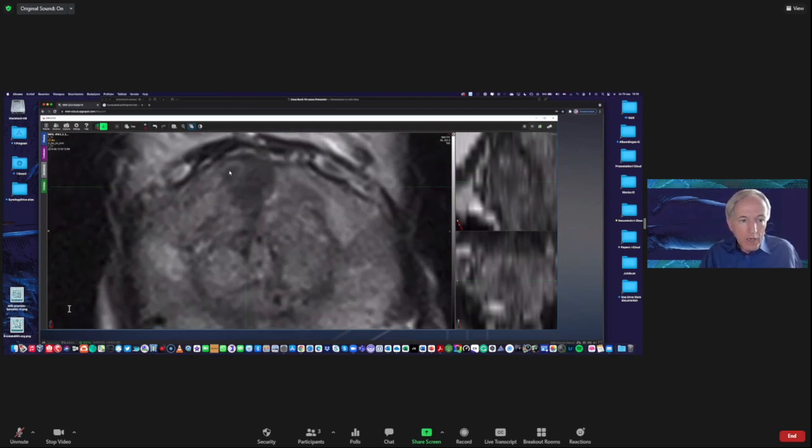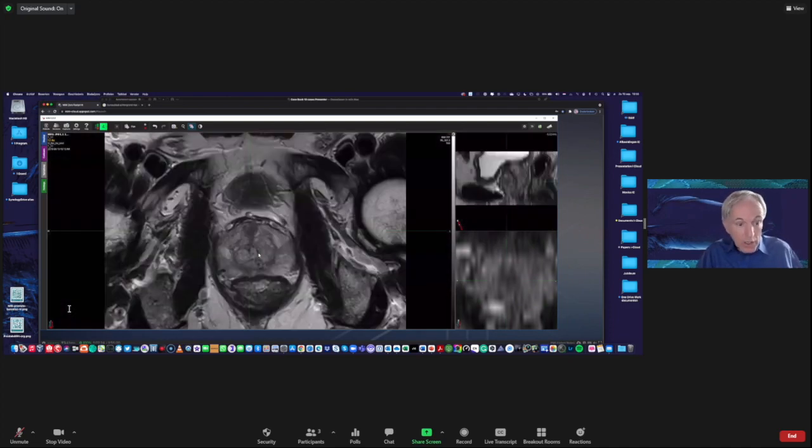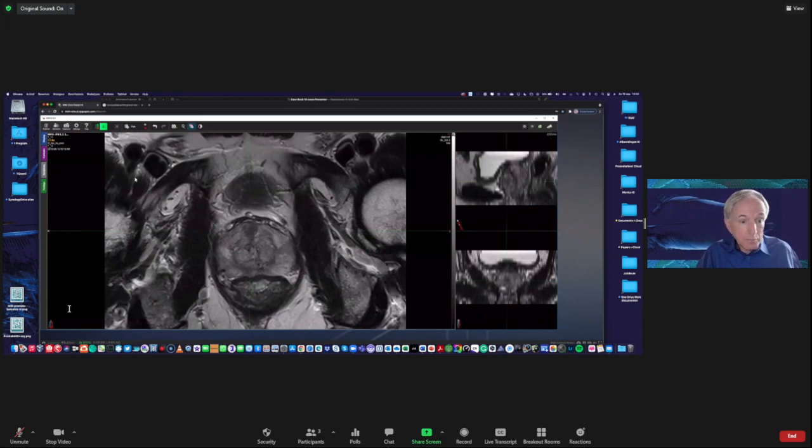And here you have more or less homogeneous intermediate signal intensity without a margin around it. When you have intermediate signal intensity and erased charcoal, as I call it, it is a 4 or a 5 when it's large. So let's go back to the images.